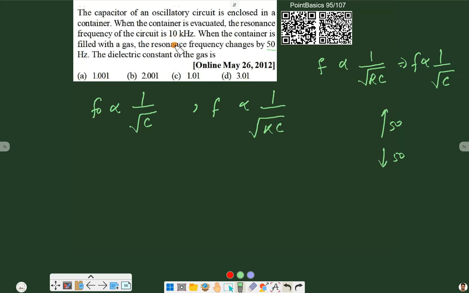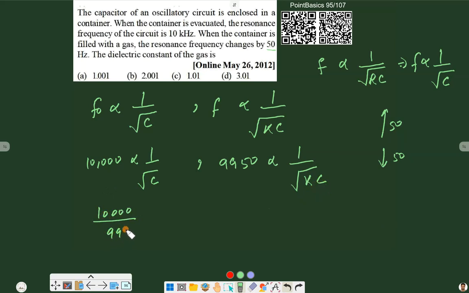So our initial frequency, 10 kilohertz or 10,000 hertz, is proportional to 1 by under root C, and the final frequency, which is reduced by 50, so that will be 9950, is proportional to 1 by under root Kc. Now dividing both of these, 10,000 by 9950 is equal to under root Kc by under root C, divided appropriately.